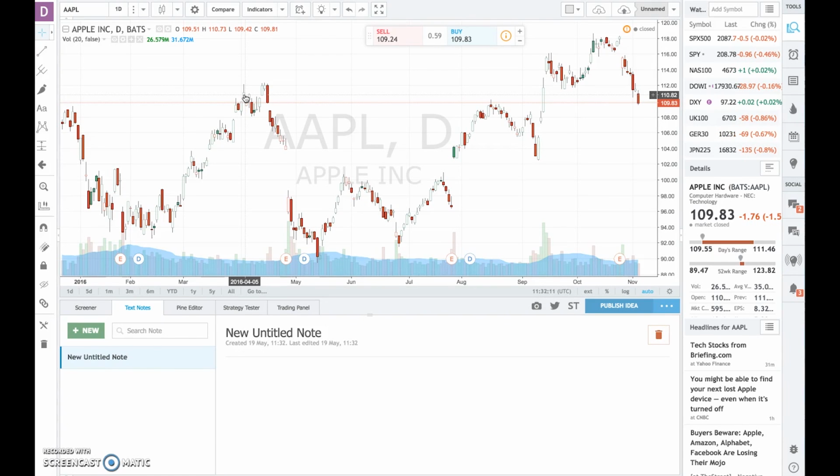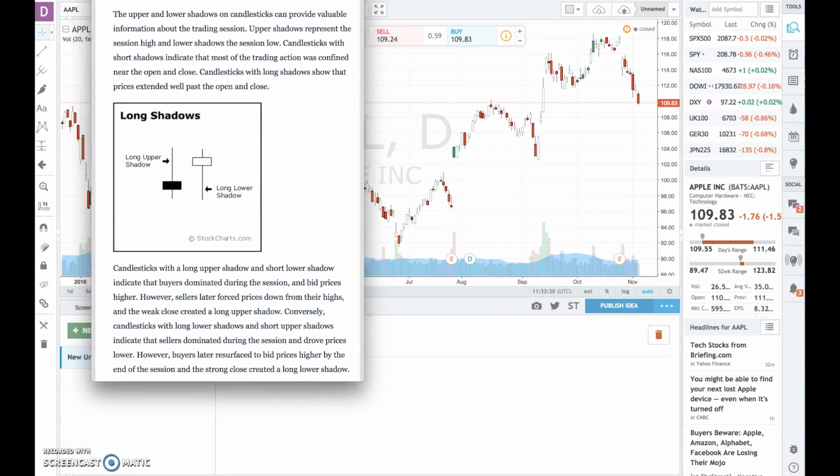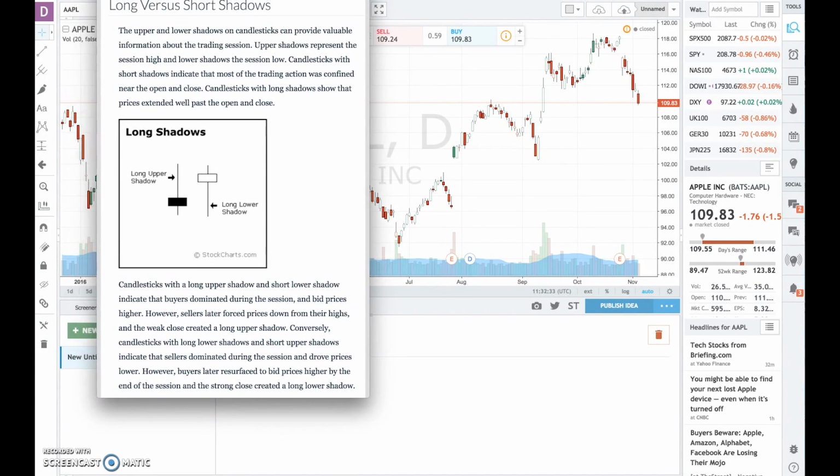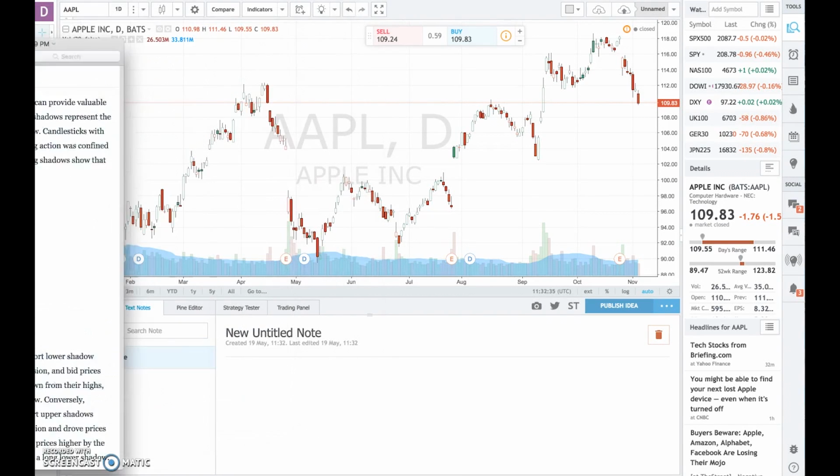The bid price was higher, so that's what pushes the upper shadow here, whereas the lower ones indicate a weaker close and stronger selling pressure. So that is essentially what the long versus short shadows indicate throughout any given trading day.